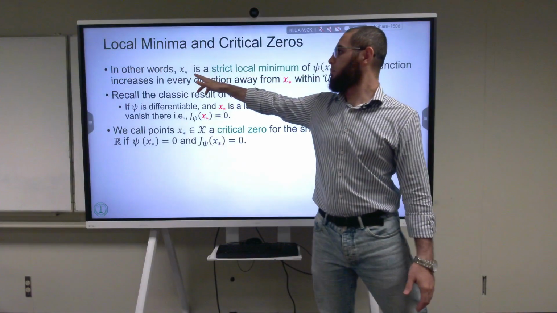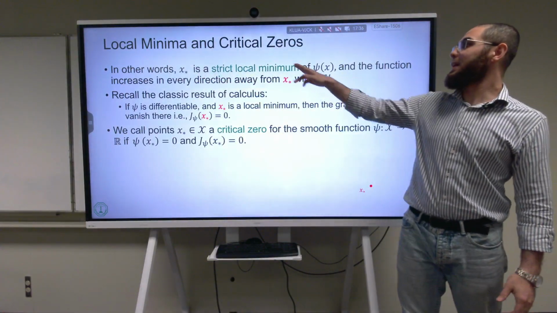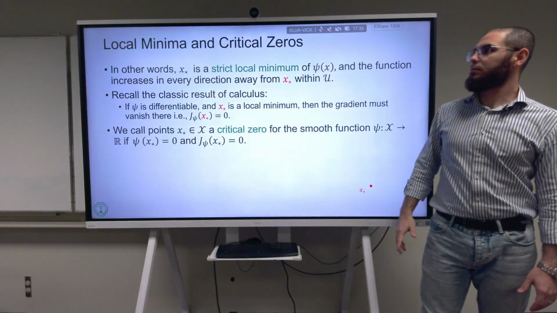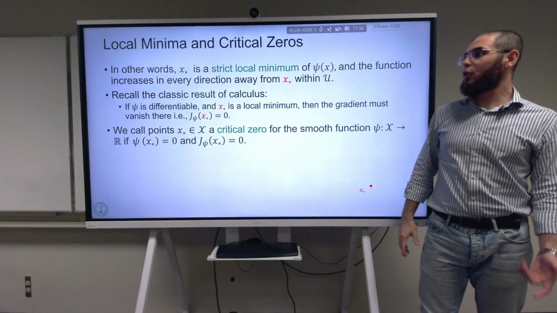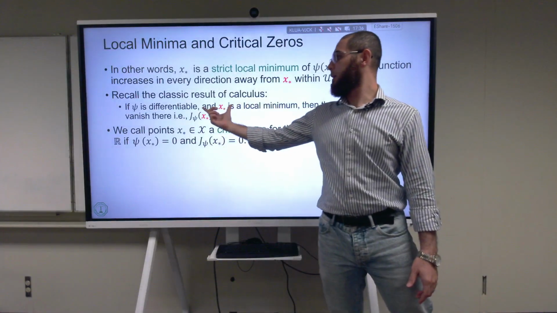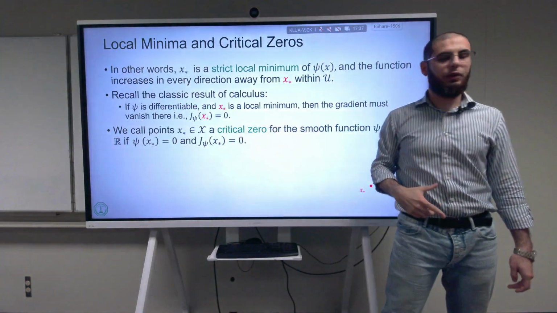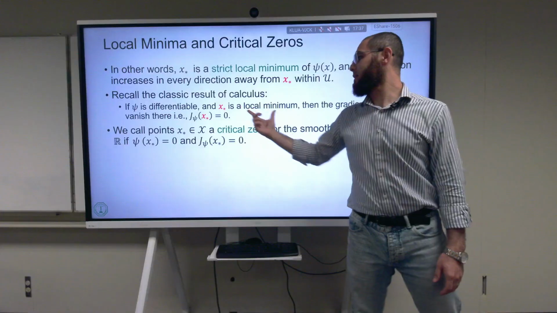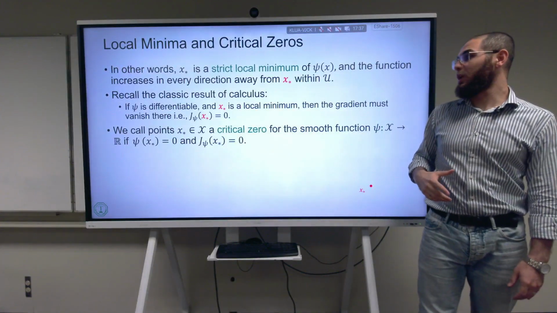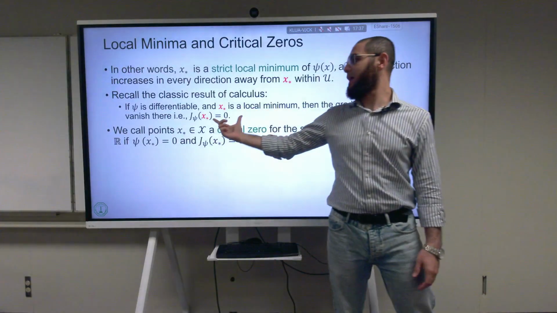X star, this equilibrium point, is actually a strict local minimum of psi. And if you remember from your calculus courses, if psi is a differentiable function and x star is a local minimum, then the gradient must vanish there.